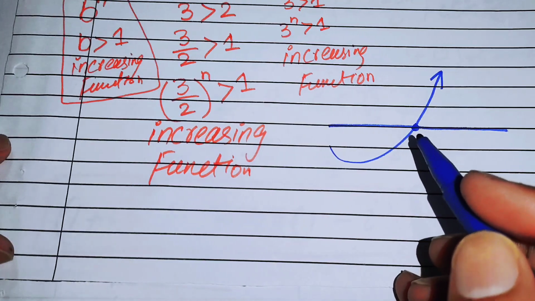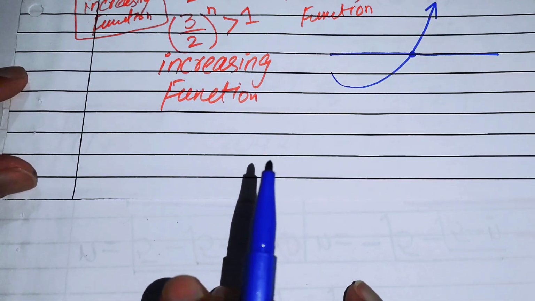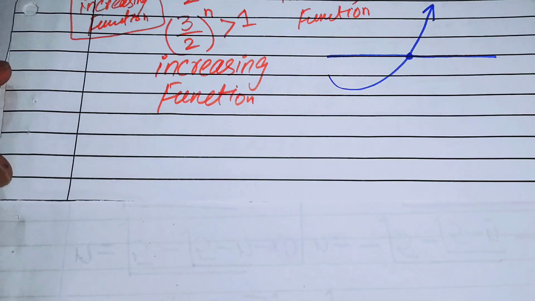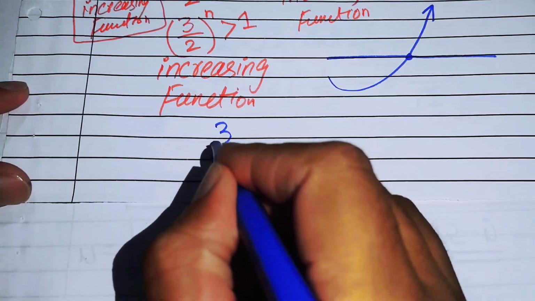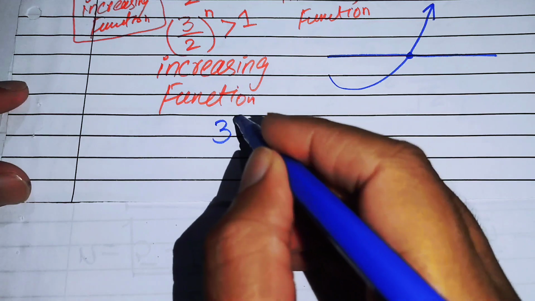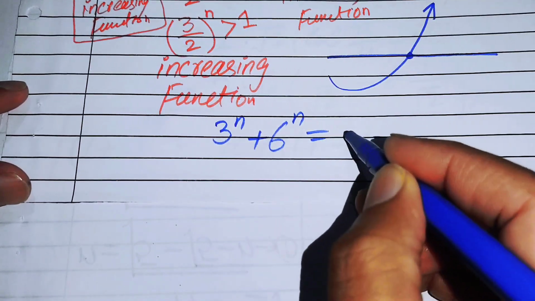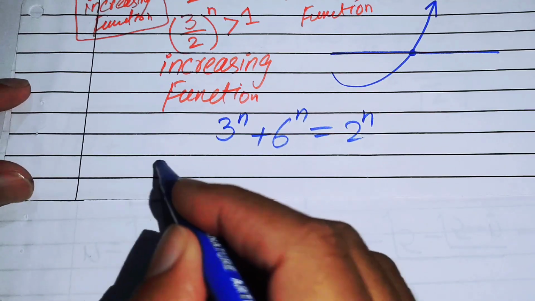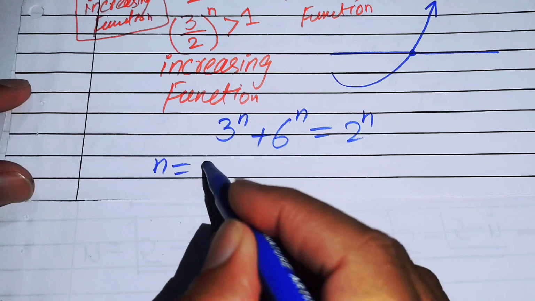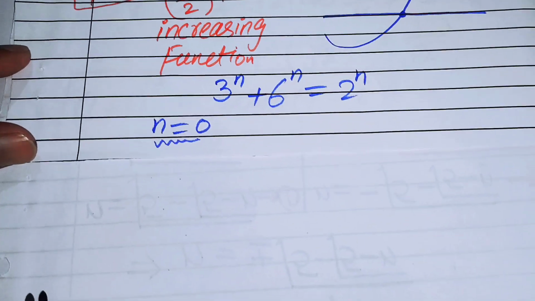In order to find the value of this unique point, I can find it by inspection. Our given question statement is 3 to the power of n plus 6 to the power of n equals 2 to the power of n. First I put n equals 0 and check the behavior of this function.